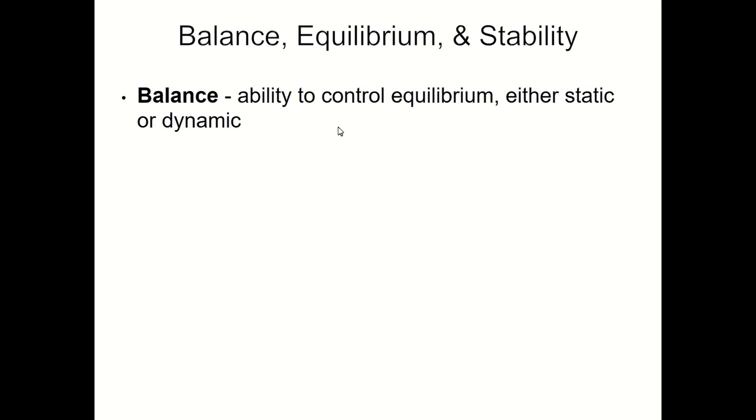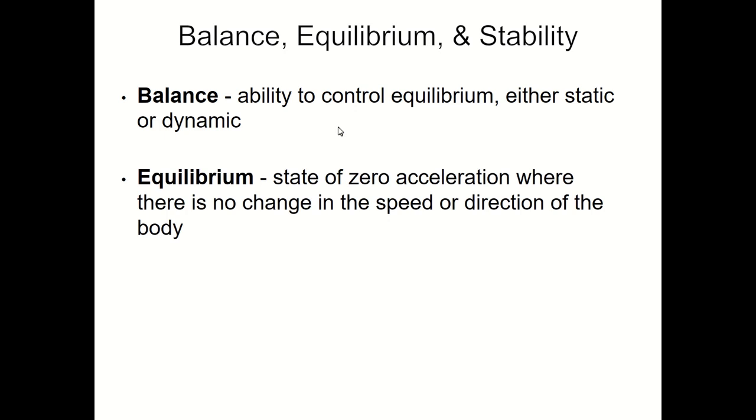Also want to talk about balance, equilibrium, and stability. Balance defined is the ability to control equilibrium that is either static or dynamic. Equilibrium is defined as the state of zero acceleration where there is no change in the speed or direction of the body, right? We're at a state of equilibrium. Think about it, we're in a state of Zen.